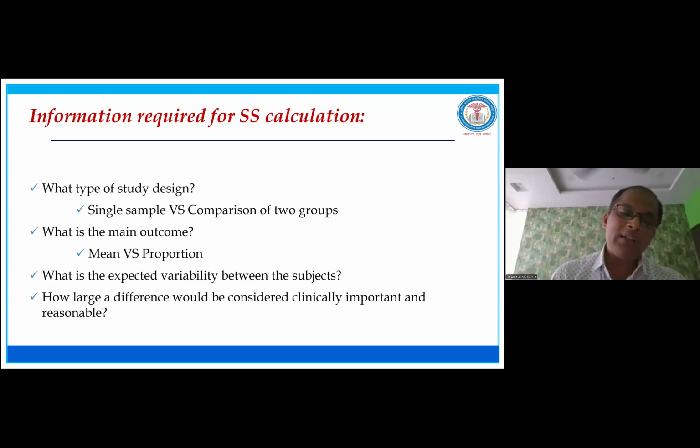That means how large a difference would be considered clinically important and reasonable. In clinical trials, we also have to decide a specific margin to decide whether the intervention is superior, inferior or equivalent to the placebo or standard care.